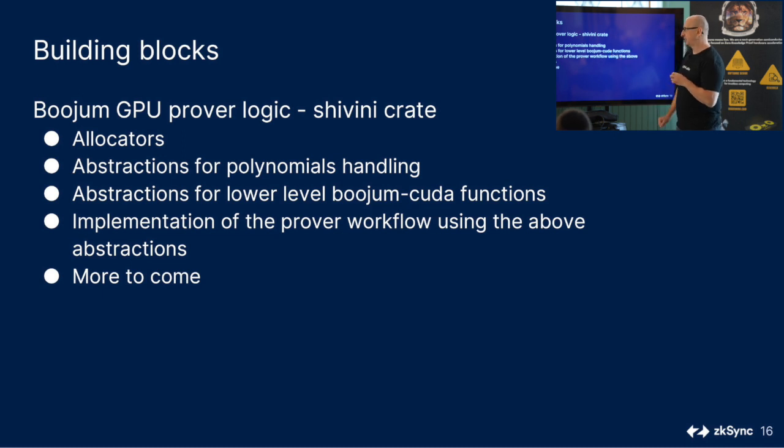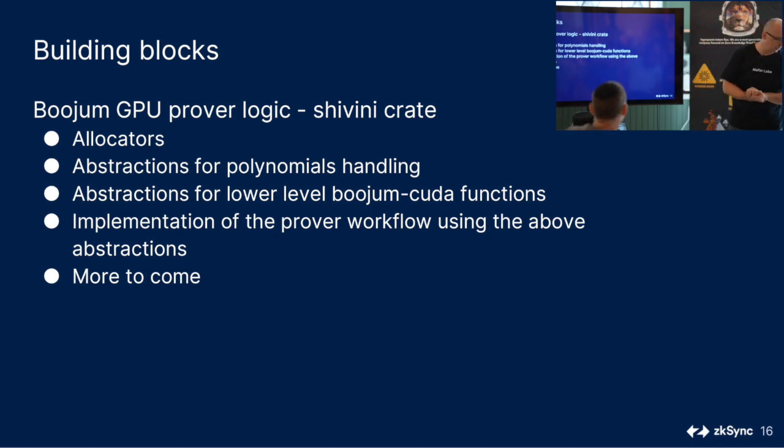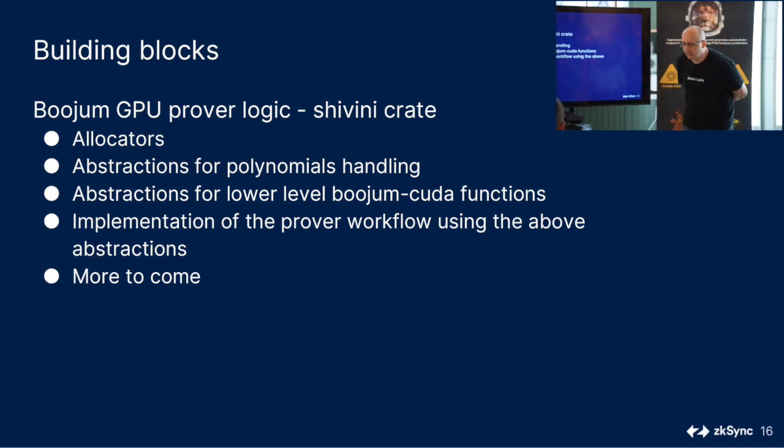Then we have abstractions for polynomial handling, basically all the operations you can do on polynomials. We have higher level abstractions to abstract away some of the details that are happening on the CUDA side. Then abstractions for other Boojum CUDA functions we have. Then the workflow itself, and this crate is still very much work in progress, so we will be adding more of those things. So is this sort of like an interface?